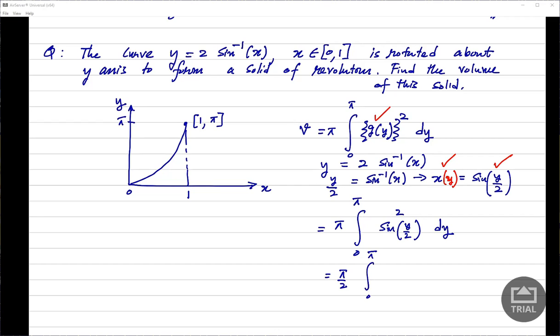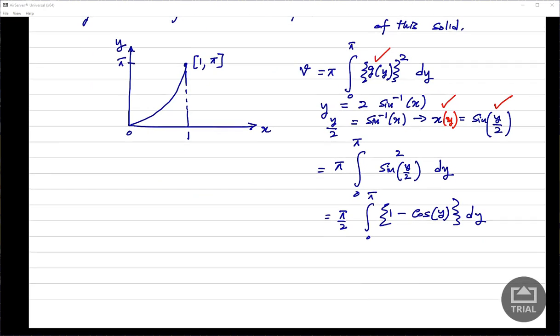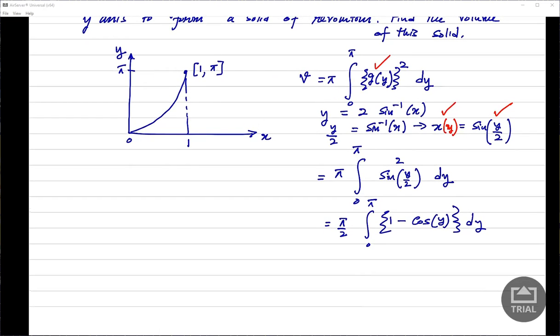You can use the double angle concept, or you can use the calculator. So that would be pi divided by 2 times y minus sine y, with the boundary 0 to pi.